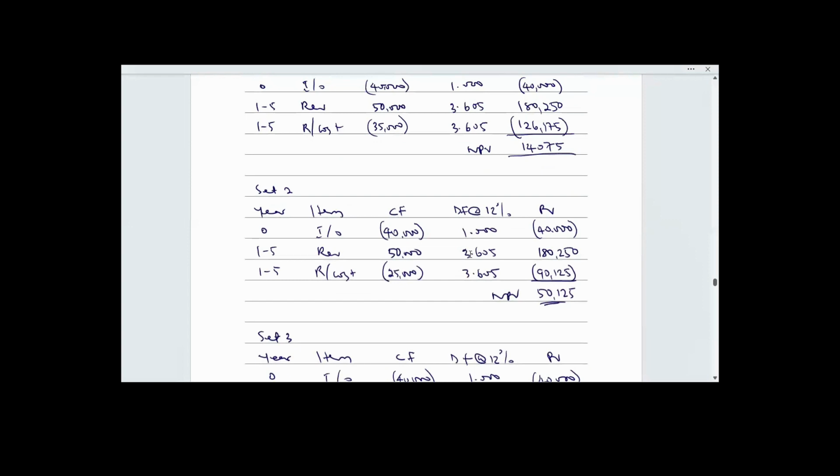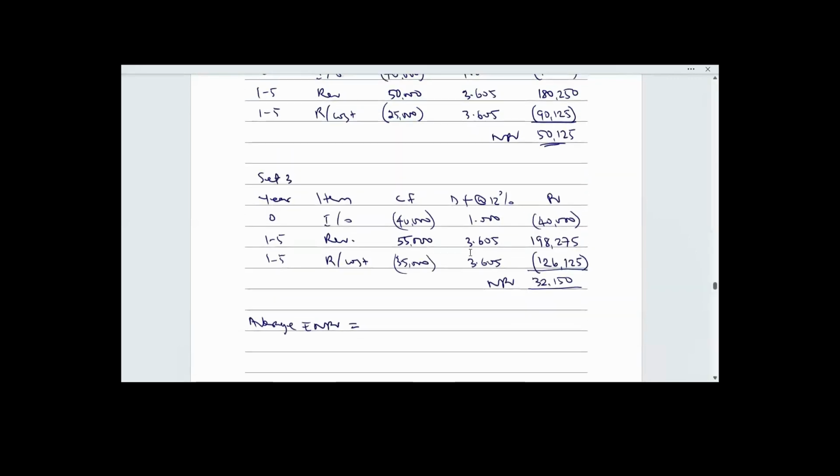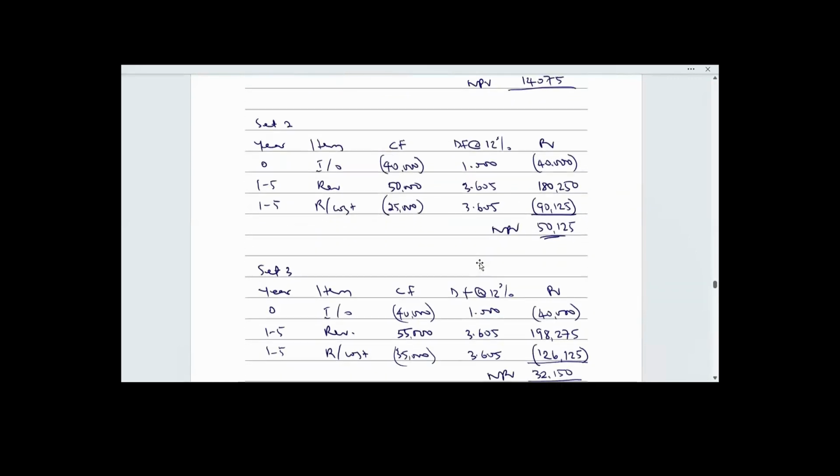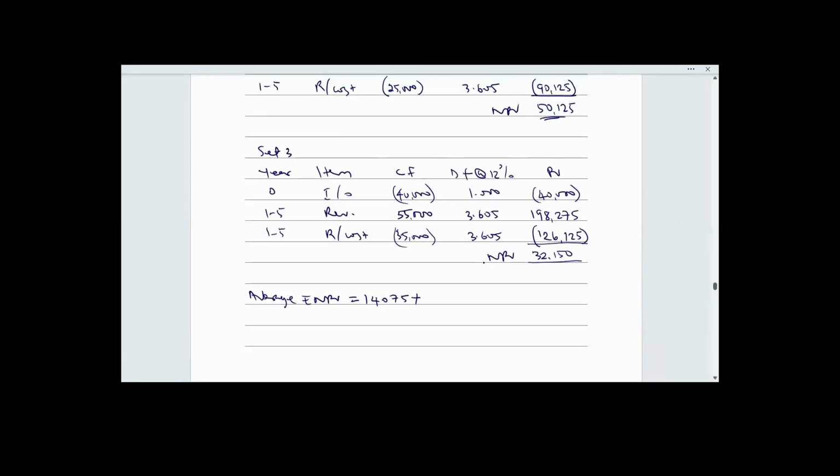So we need to find the average expected NPV. Therefore, the average expected net present value would be equal to the NPV of the first set, which is 14,075, plus NPV of set 2, 50,125, plus NPV of the third set, 32,150.